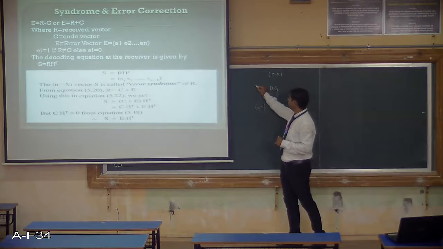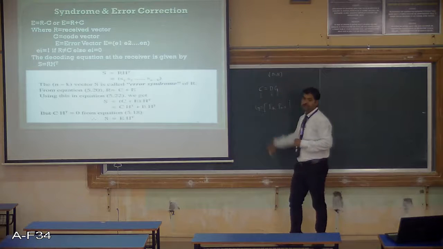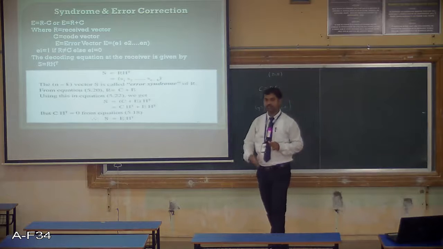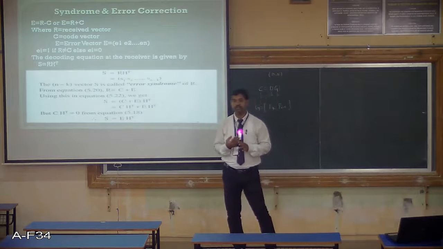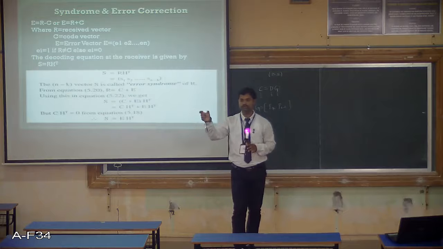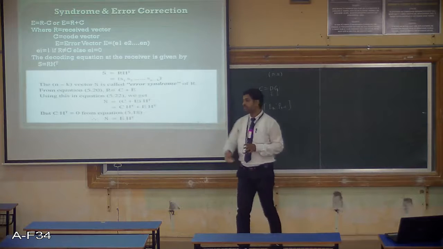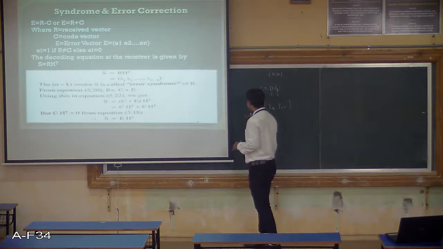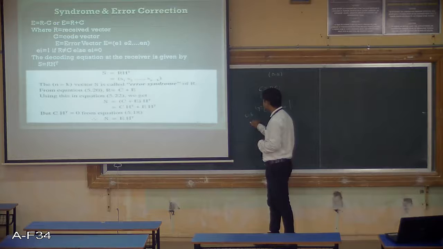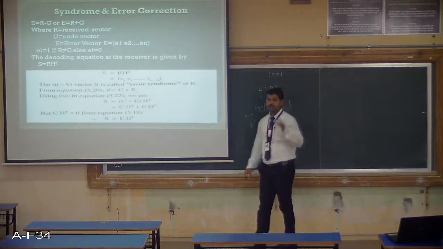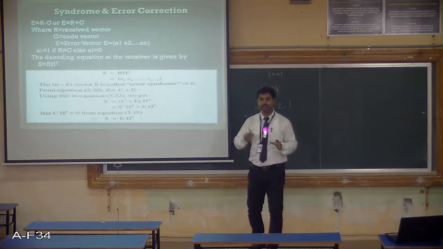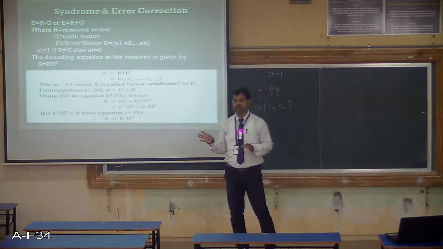With the help of this formula, I can generate a set of valid code words. For every message there should be a definite code word. Suppose k is 3, then totally there are 8 distinct messages, and for every message there should be some code word.